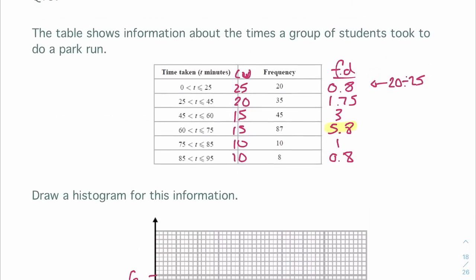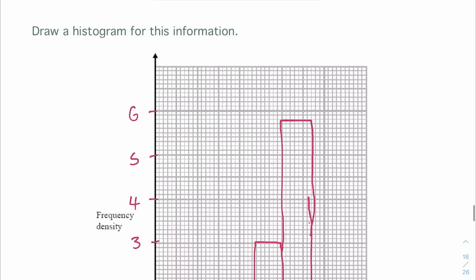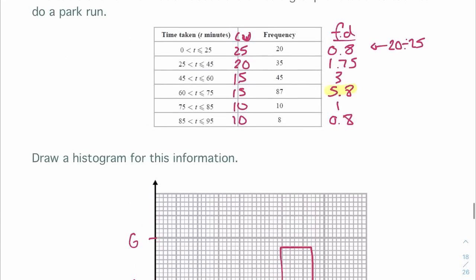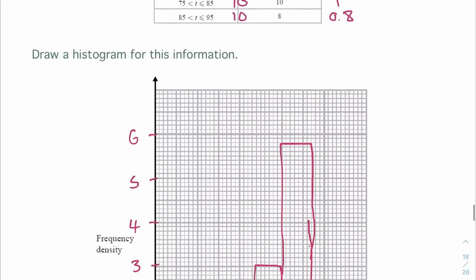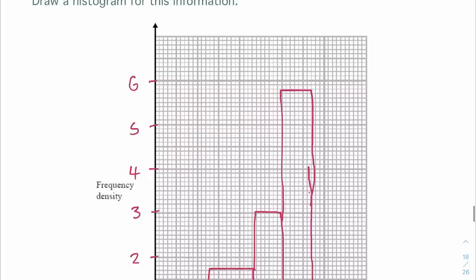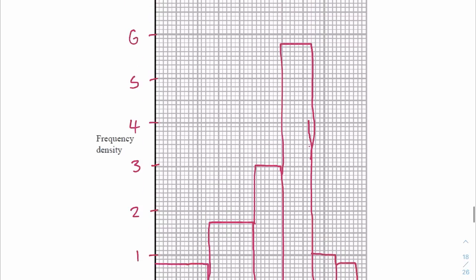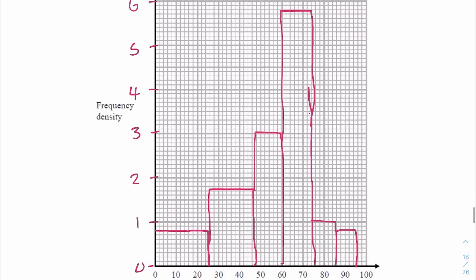The next one goes up to 1, so that goes over to 85. So 85 goes up to 1. And there's that one. And then the last one goes up to 0.8, and it's just along to 95 for that one. So that goes up to 0.8, which is the same height as the first bar. It doesn't go all the way to the end of the histogram, just to 95. And there we go, there's our histogram drawn.